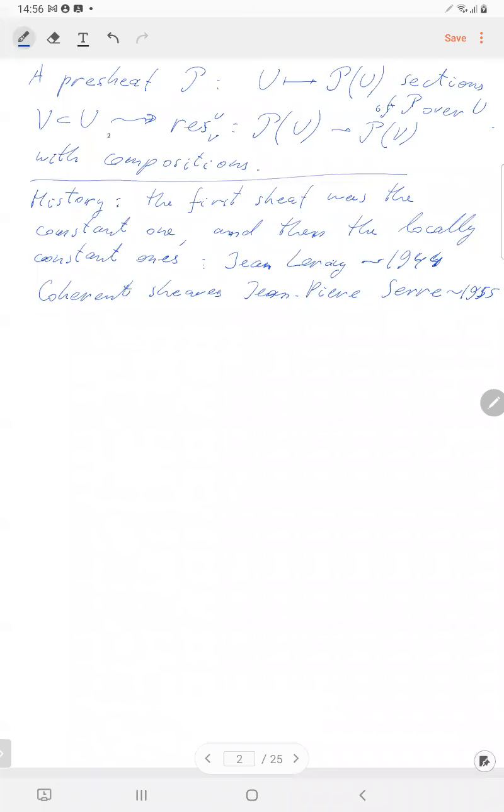But the conditions there were rather nice, so he was able to do mathematics.